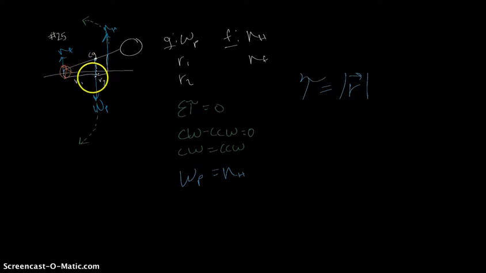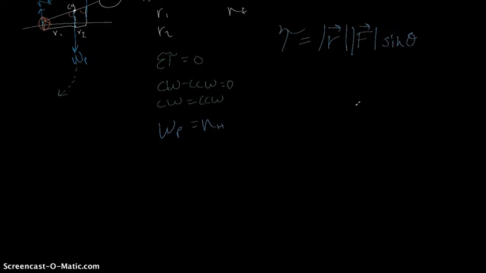This would be R1, and then this would be R1 plus R2 for the normal force of the hands. And then times the force times sine of theta, where theta is the angle between the force vector and the lever arm, which in this case would be right there.